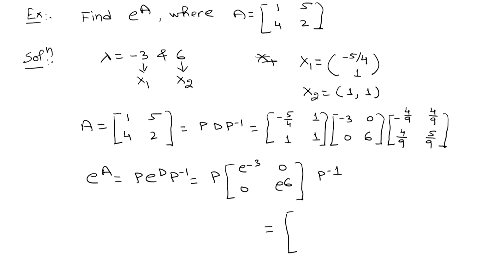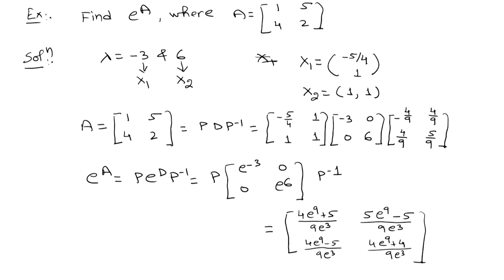If I evaluate the product of these three matrices, 4 e raised to power 9 plus 5 upon 9 e raised to power 3 will be the first entry, 5 e raised to power 9 minus 5 upon 9 e raised to power 3 will be the second entry, 4 e raised to power 9 minus 5 upon 9 e raised to power 3 will be the first entry of the second row, and then 4 e raised to power 9 plus 4 upon 9 e raised to power 3 will be the last entry. So this is my answer, that is e raised to power A.